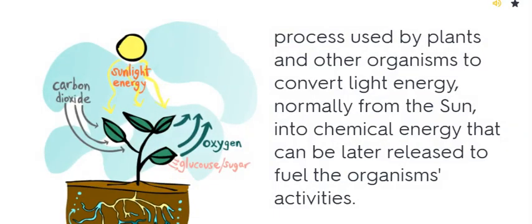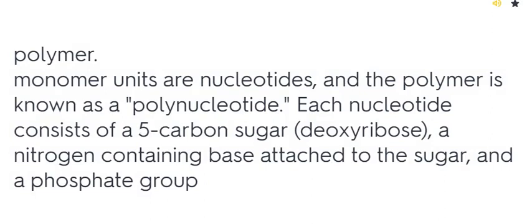Photosynthesis. Process used by plants and other organisms to convert light energy, normally from the sun, into chemical energy that can be later released to fuel the organism's activities. DNA. Polymer.